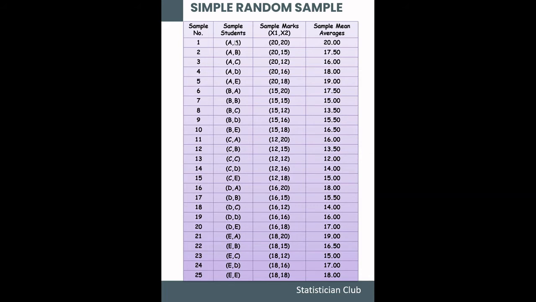The trick to make the samples is to divide the number of samples by the population size. The total number of samples is 25 and the population size, capital N, is 5. So 25 divided by 5, the answer is 5. At the position of x1 we write each population unit 5 times.